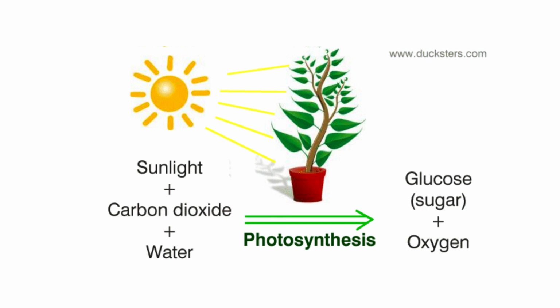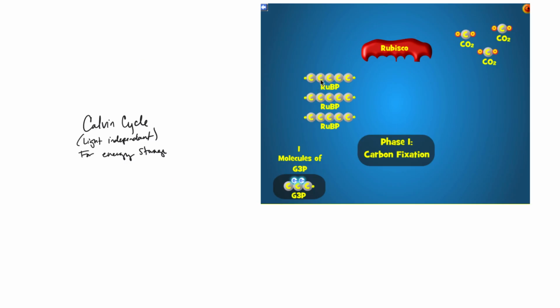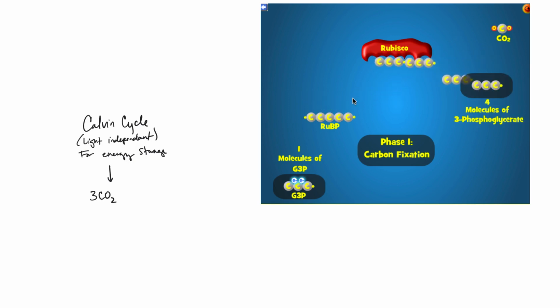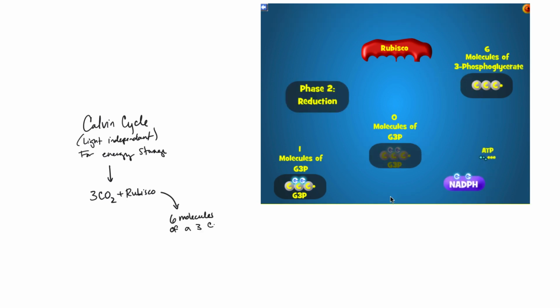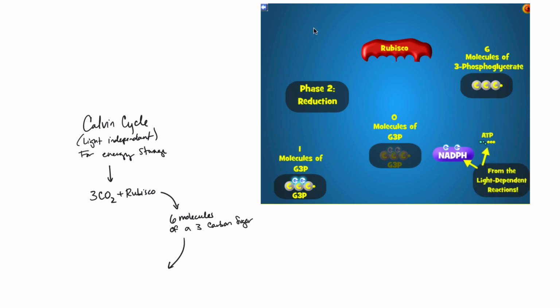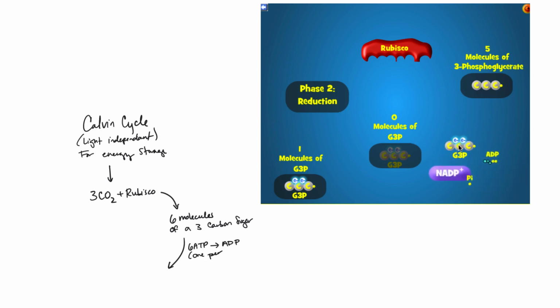The first step of making glucose is that the plant is going to bind 3 CO2s to a 5-carbon molecule called RuBP, and using something called Rubisco, that is going to be turned into 6 molecules of a 3-carbon sugar. Once that happens, we reduce each of those 3-carbon sugars using an ATP. So you spend 6 ATP to reduce those 3-carbon sugars.